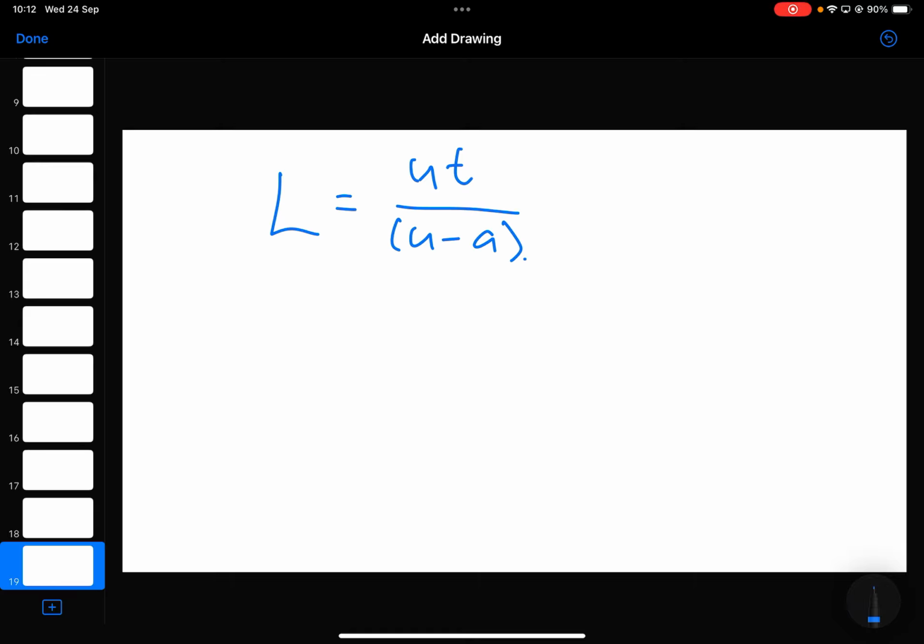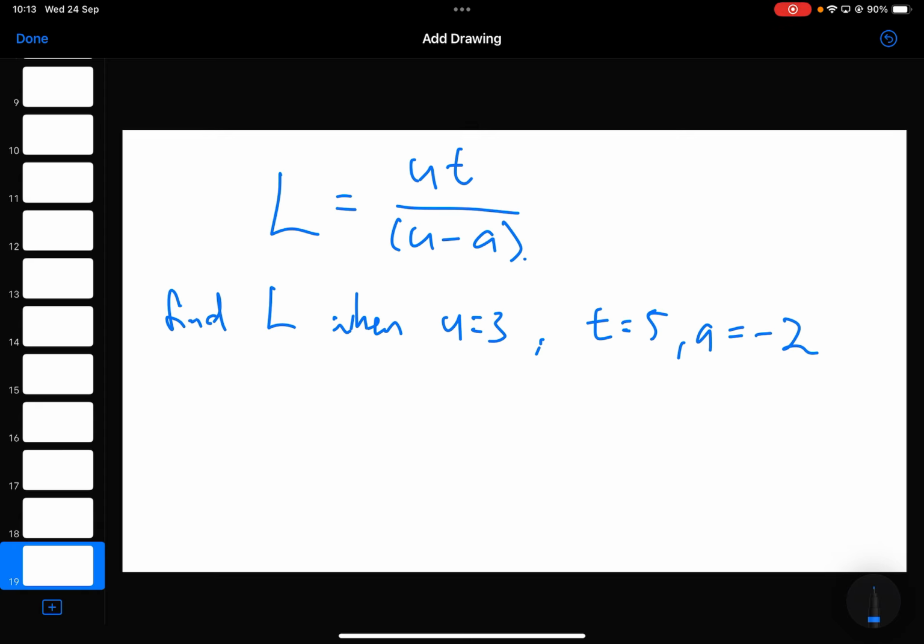Okay, next we go to substitution. I give you this equation or formula, then I tell you find L when U is equal to 3, T is equal to 5, A is equal to -2. So as an equation, all these can be different numbers.